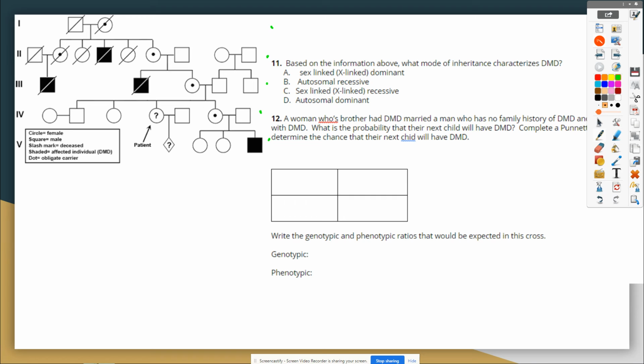Could that have happened? Yes. And if you look, where it tells you in here that there's a dot, means that what? There's a carrier. So they told you carrier. So every time the son got it, was the mom a carrier? Mm-hmm. So sex-linked recessive. Tell your scorekeeper if you got a point.